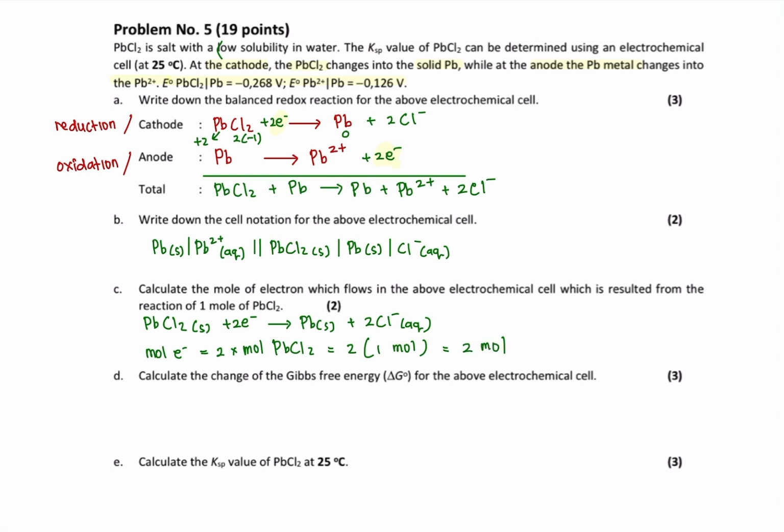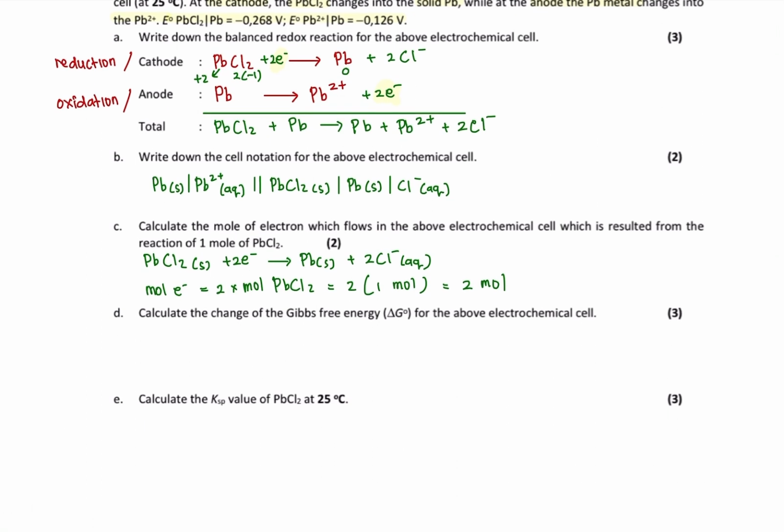And then question D: calculate the change of the Gibbs free energy for the above electrochemical cell. So here the delta G standard, we need to write down the formula. This is minus n F E standard of the cell.